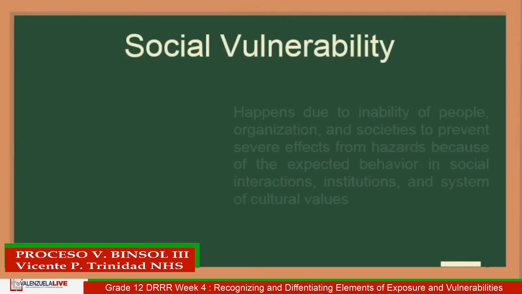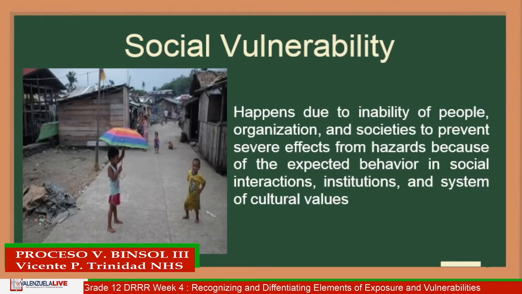Second vulnerability is the social vulnerability. Social vulnerability happens due to inability of people, organizations, and societies to prevent severe effects from hazards because of the expected behavior in social interactions, institutions, and system of cultural values.